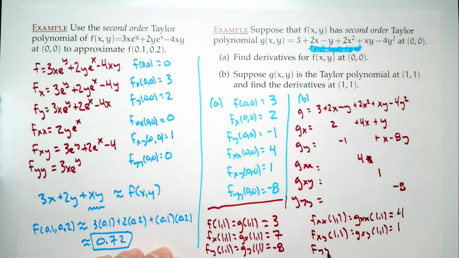And f sub yy at 1, 1 will match g sub yy at 1, 1, which is negative 8. Okay, so if I have my second order Taylor polynomial, I can recover my coefficients, even if they've muddled things up and moved things around. Okay, so now, what does this have to do with optimization?